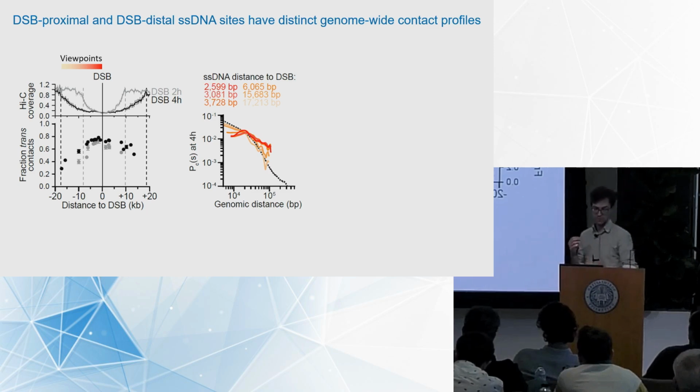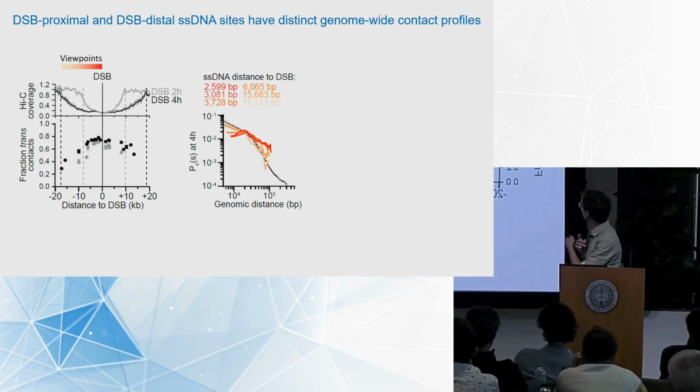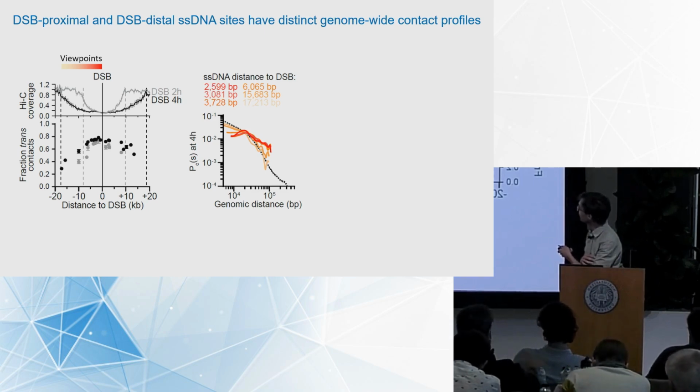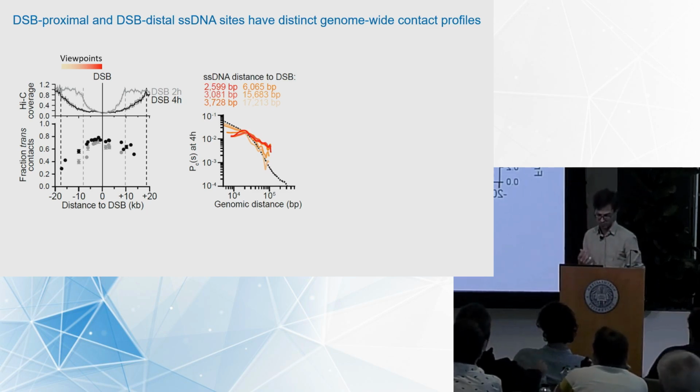Okay, and if we look at the distribution of contacts that those sites make with the chromatin that is flanking it, we see that sites that are close to the break, in red, are making much more long-range contact than sites that are close to the resection front, that tend to fit with the genome average contact probability as a function of the genomic distance.